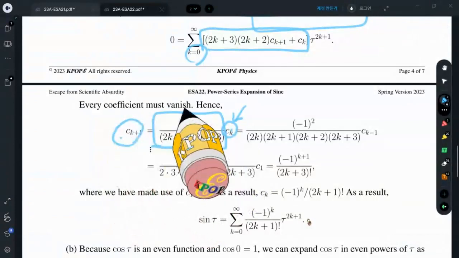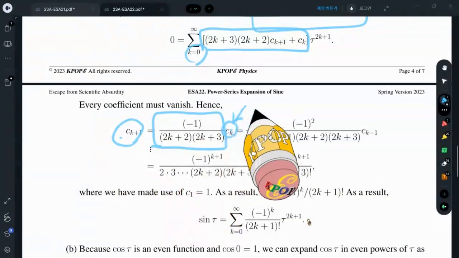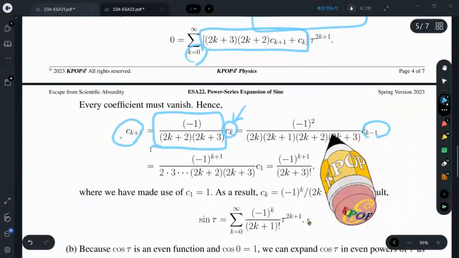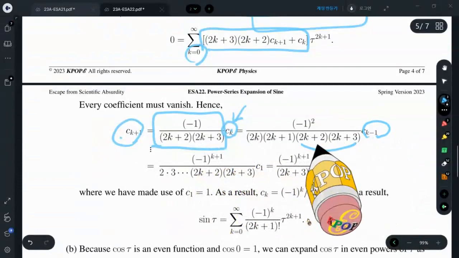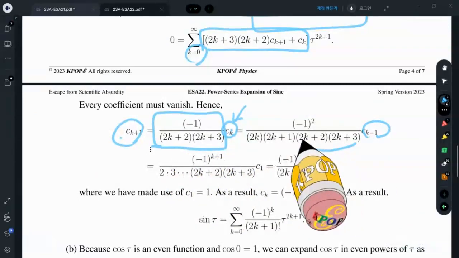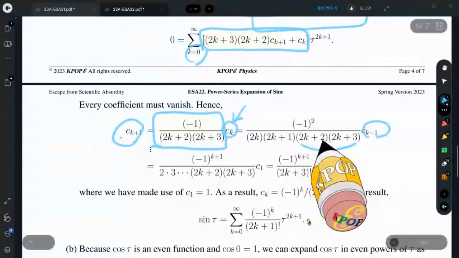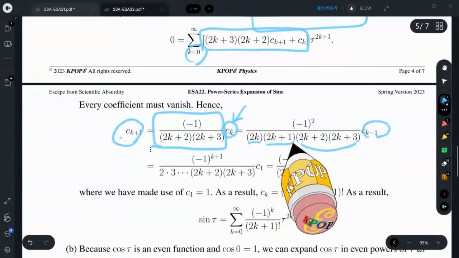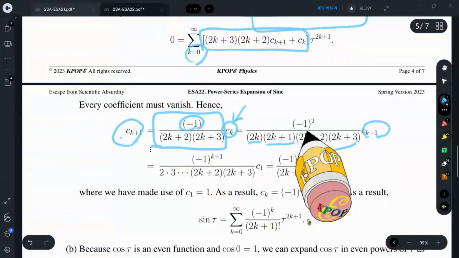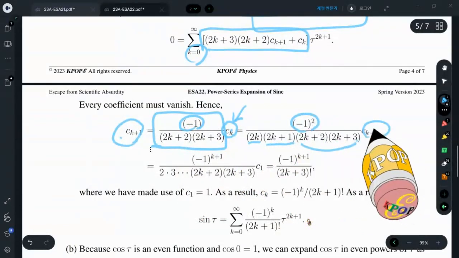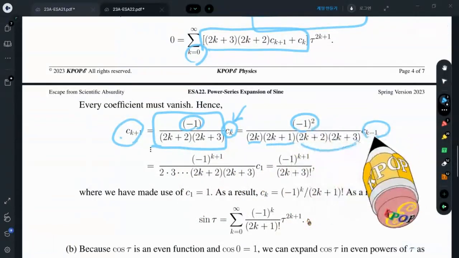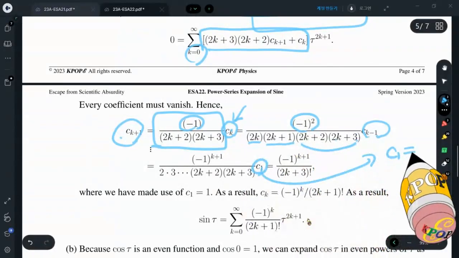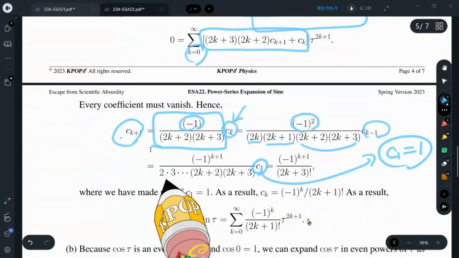So recursive application of this, one by one, k to k minus 1, I have original factor, decrease them by 1. So 2k plus 2 becomes 2k, 2k plus 3 becomes 2k plus 1. I need to multiply minus 1 once again. Repeat everything until we reach C1, that we know C1 equals 1.